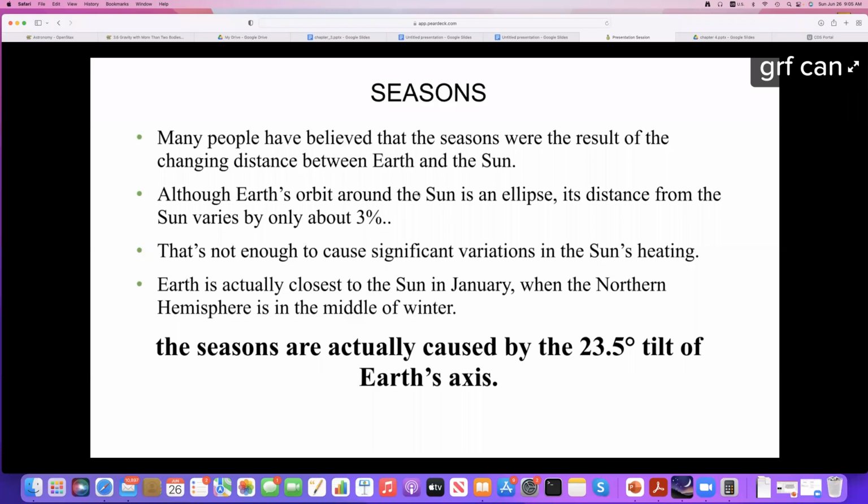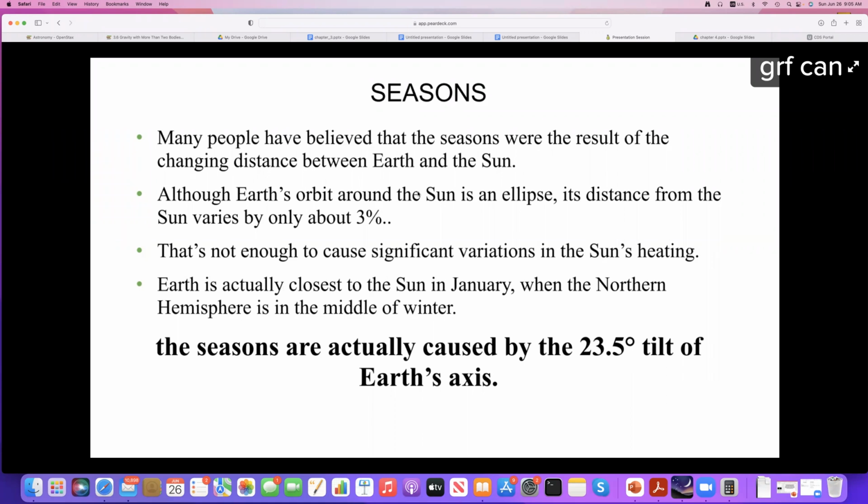And the other thing is, Earth is actually closest to the Sun in January, when the northern hemisphere is in the middle of winter. So that doesn't make sense, no? When Earth is closest to the Sun in January, then you should have summer, right? Because Earth is very close to the Sun, no? But it is not the case. In January, we have winter, right?